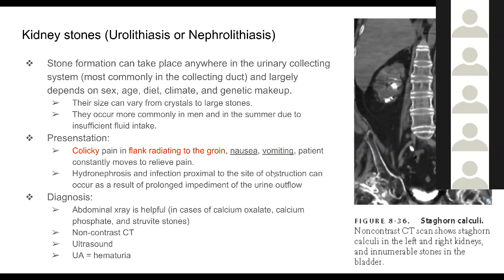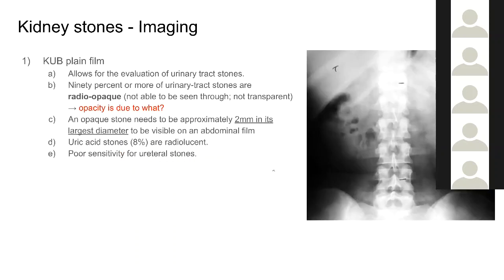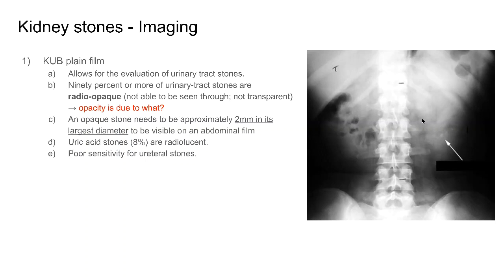Thank you. Now we're going to move on to see the imaging. We have to pick out why we choose one imaging versus the other. If a patient comes in and you suspect kidney stones, depending on what you have at hand, you can use different tests.